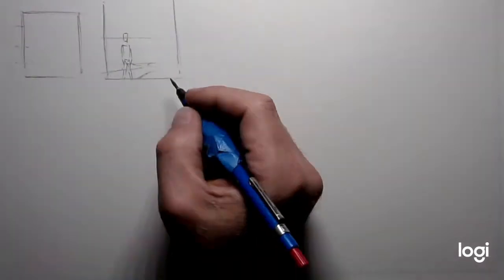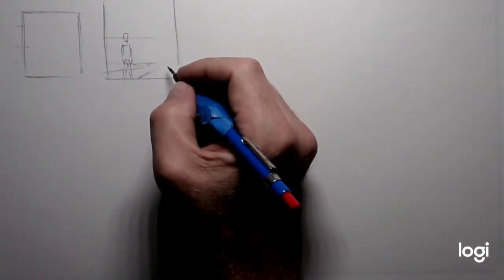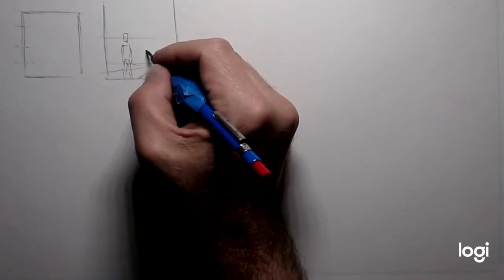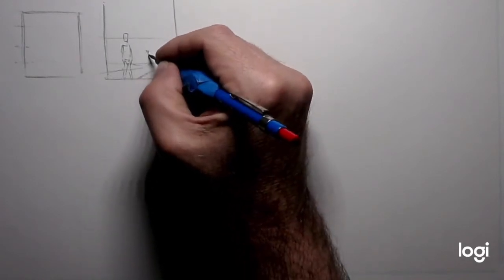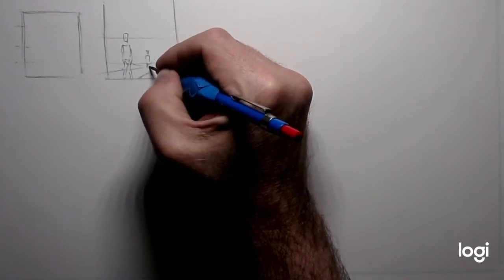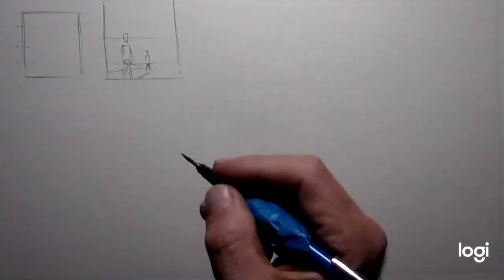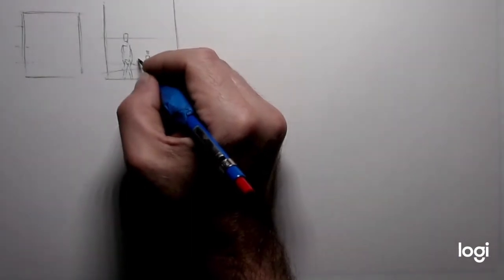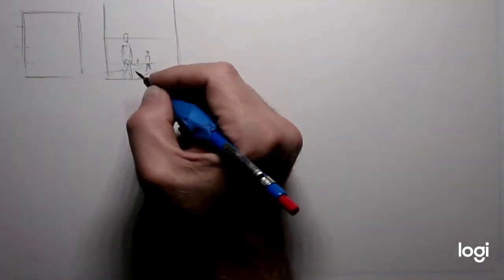Okay. Now, if we wanted to create a sense of distance, the next thing that we could do is put a smaller person back this way. So these two, if they're walking in a situation together, and to get an even greater sense of distance, we could put another person back there.